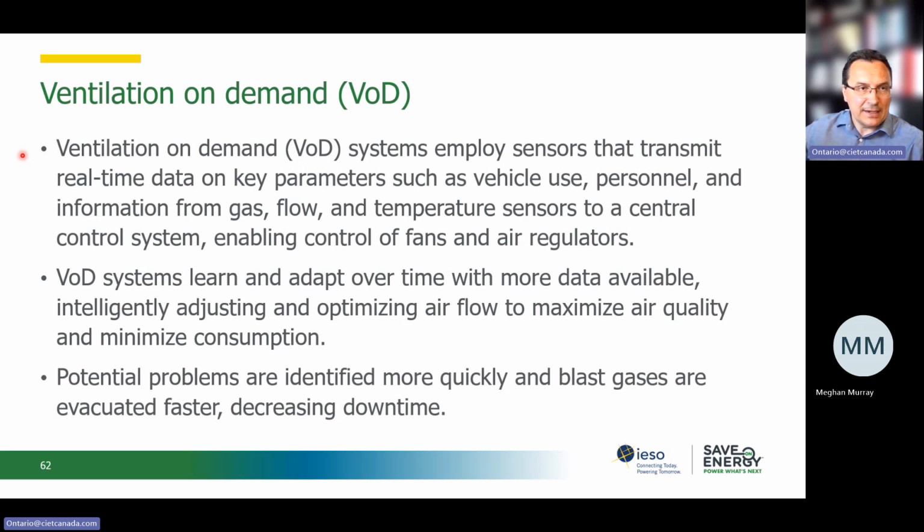So basically, having sensors that will monitor the conditions of the space will allow us to reduce the ventilation in a garage, for example, when we have lower level of activity in space.